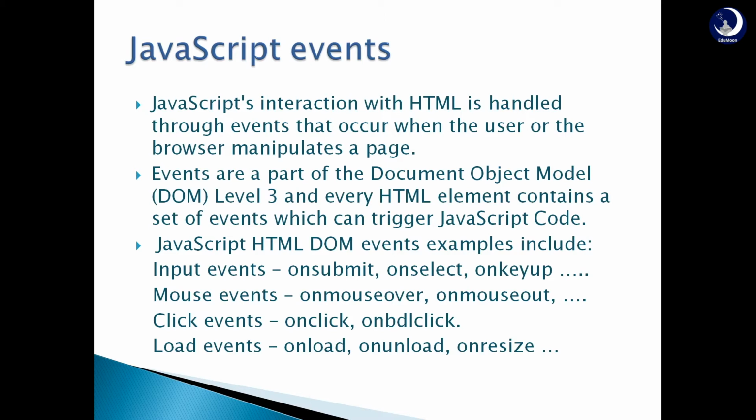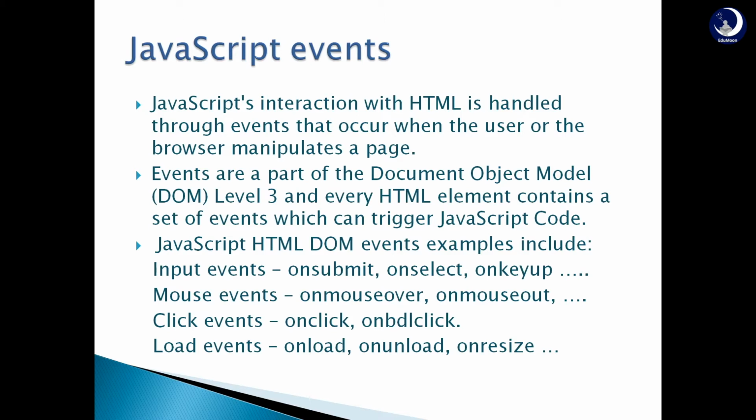Mouse events. onmouseover and onmouseout are used when you want to create a response for an event where the user places the mouse pointer over an element in an HTML web page and moves out of it.